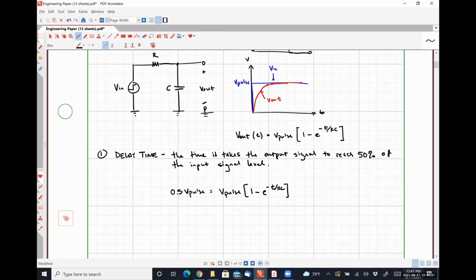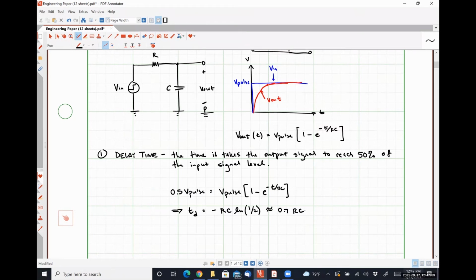We could take the natural log of both sides, and what we wind up finding is that our delay time, t_d, will be negative RC times the natural log of 1/2, or approximately 0.7 times R times C. You might see it in some textbooks as 0.69. Those are the only two values I've seen. They're close enough. It doesn't really matter which one you use here, okay?